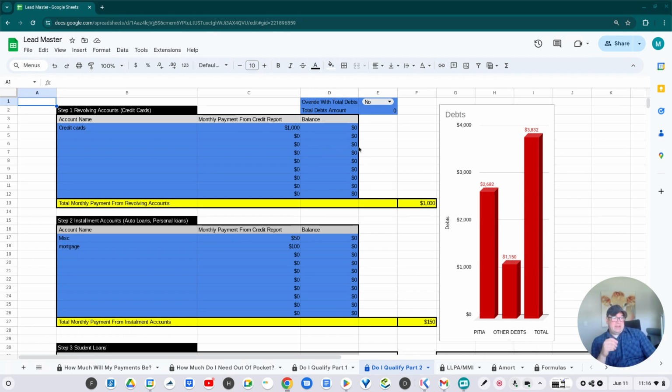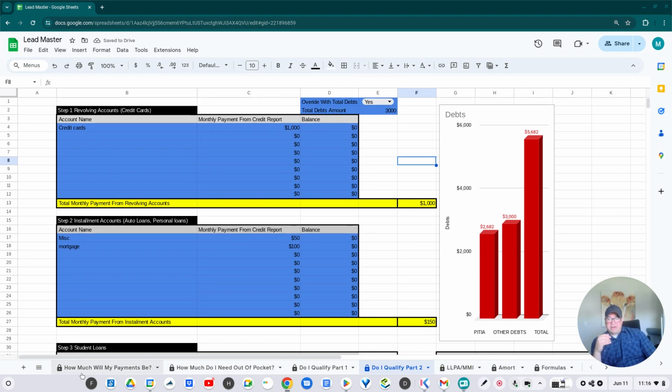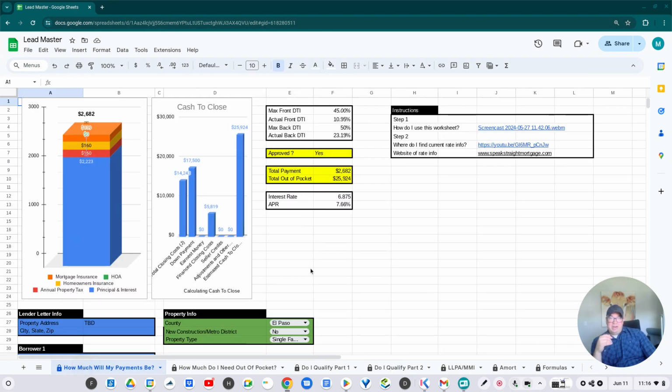If you wanted to change that and override it, just like the income page, you can click what are my total debts, you can click override and just put in whatever you think your total debts are. So let's say I just override that with 3,000. Then if I go back to the first page, it's factoring in that debt and income into the debt to income ratio.